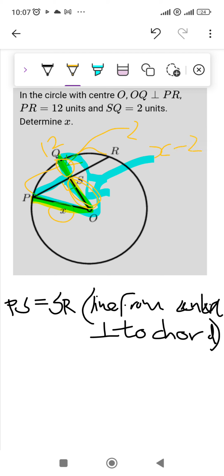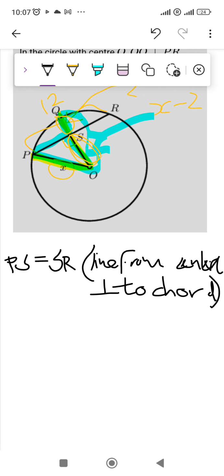Okay, great. So we are in this triangle. We didn't actually say what PS is equal to, but we know PS is half of PR. So we'll say PS is equal to 6 units. Right, that is units. So now this over here is our 6.